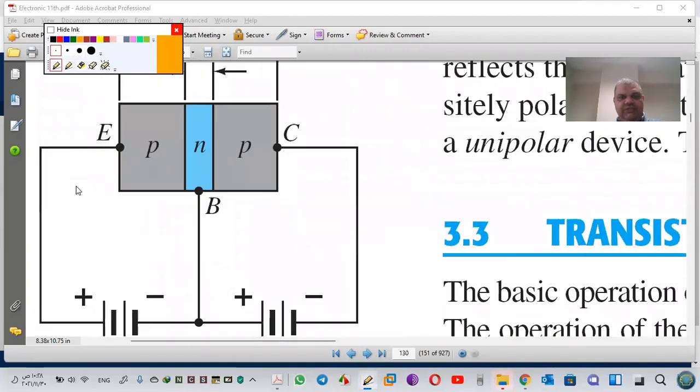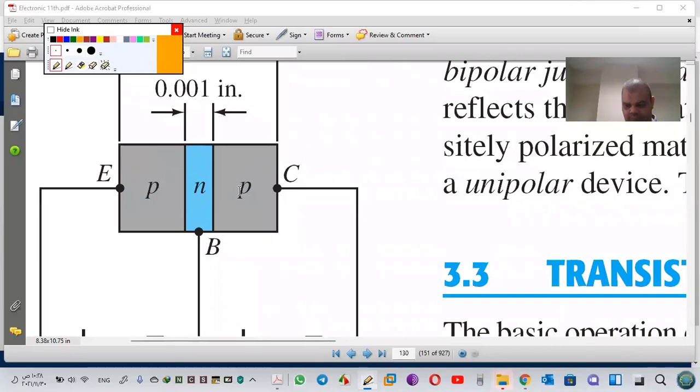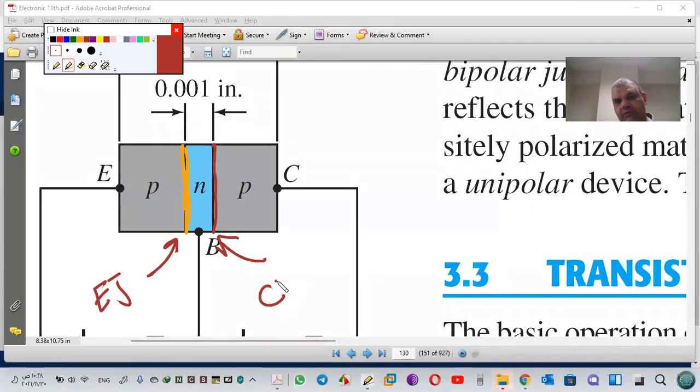This junction is this area, and this is the second junction. So this is called the emitter junction, and this is called the collector junction.